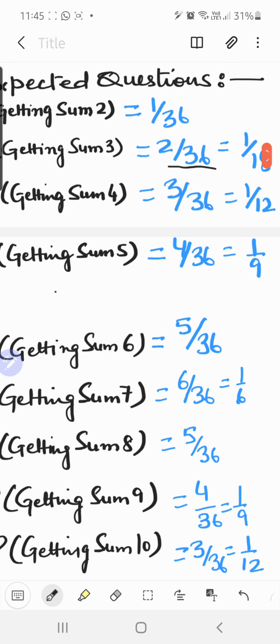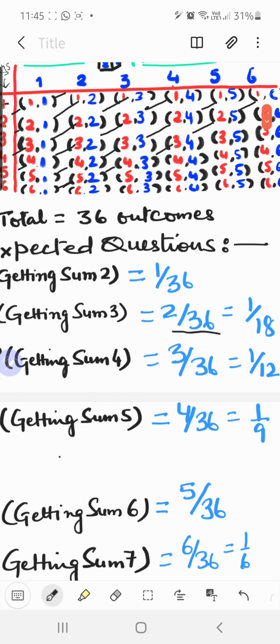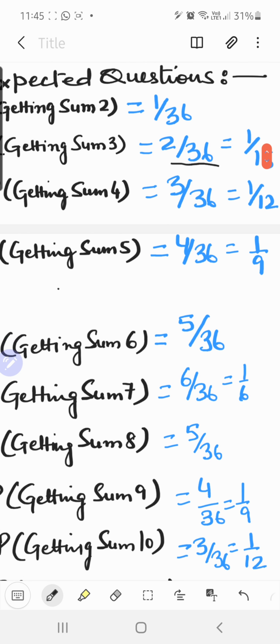Now from 7 onward, again it will start reducing. 6 and 2, 5 and 3, 4 and 4, 3 and 5, 2 and 6. So how many? 1, 2, 3, 4, and 5. So now again it is reducing.